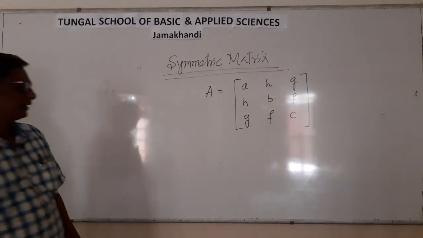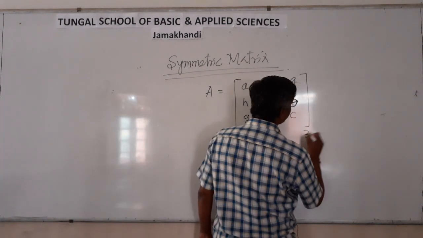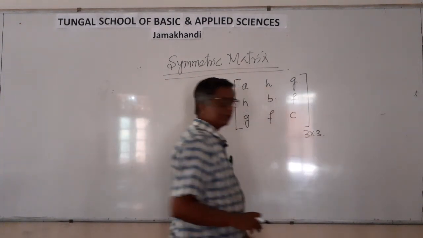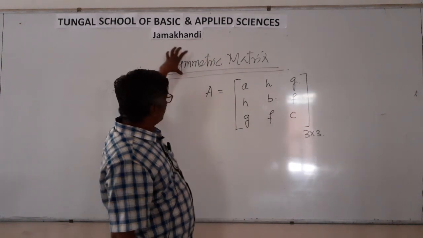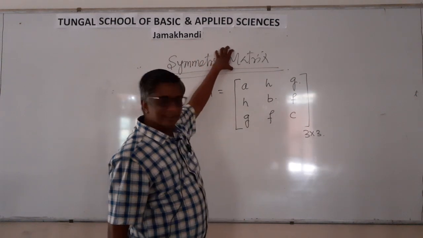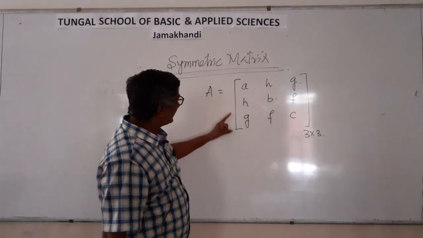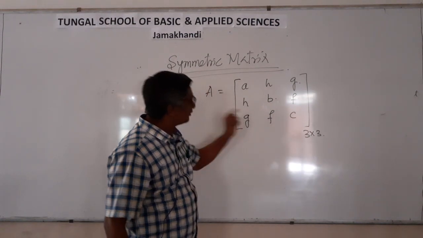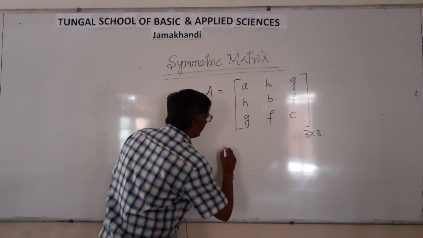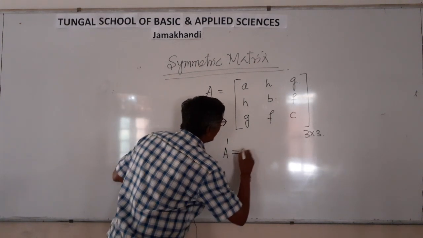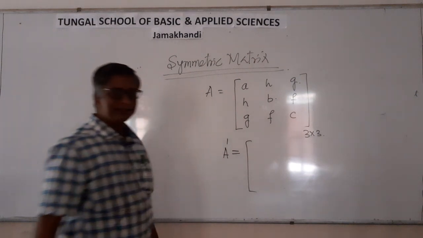Do you understand this point? This is 3 into 3. A symmetric matrix is a square matrix. Then it is said to be symmetric if and only if... What is A dash? Anybody can tell?